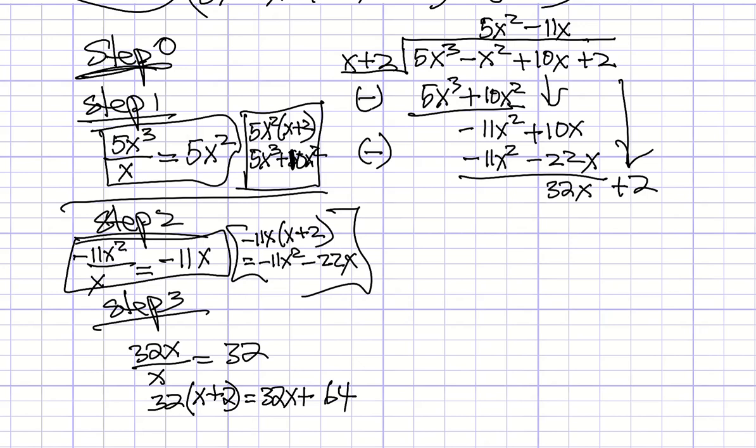Okay, let's put that up here. We get 32 plus 32. And then we'll say 32x plus 64, okay? And we'll subtract that then.